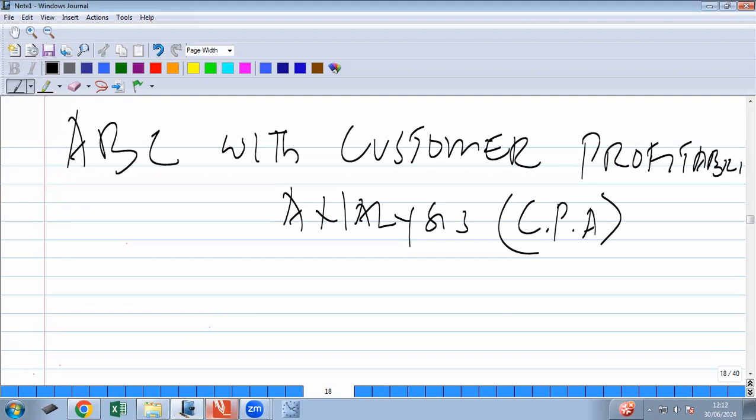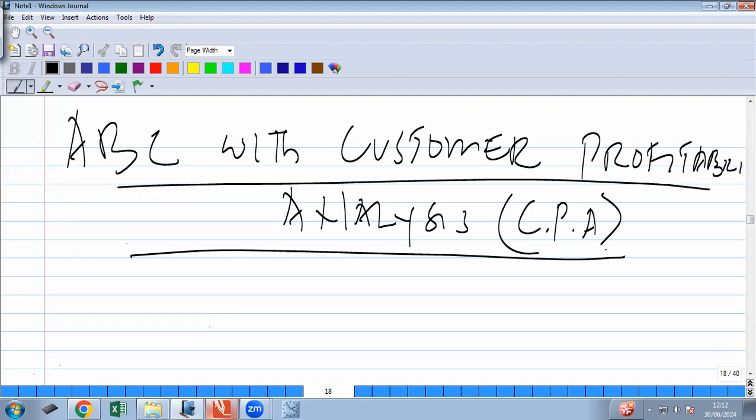Remember our focus, we have been looking at the profits per product under ABC. But now, sometimes you will serve different customers in an organization, and you may incur different costs on them, depending on how you treat the customer.